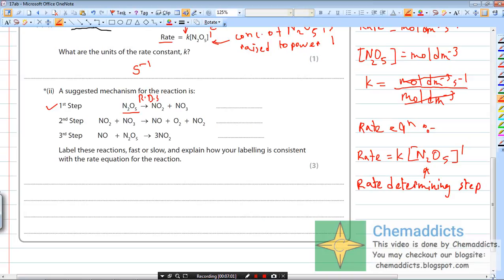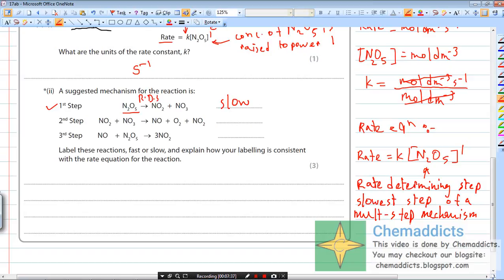So this is the rate determining step. Since one particle is present in the rate determining step, this should be the RDS. And as we all know, the rate determining step is the slowest step of a multi-step mechanism. Since it is the slowest step, this should be slow.